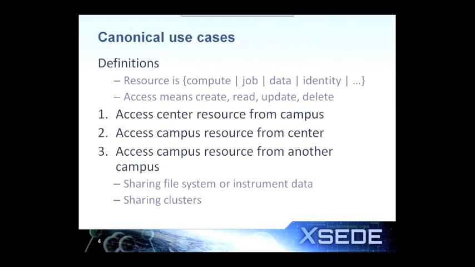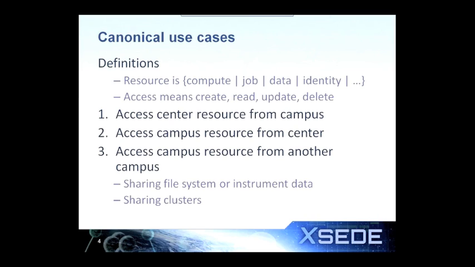So first, let me define what I mean by a resource. A resource to us can be lots of different things. It can be a compute resource like the Blacklight queue. It could be a compute resource such as a metascheduler or a queue of queues that might schedule jobs around the system.